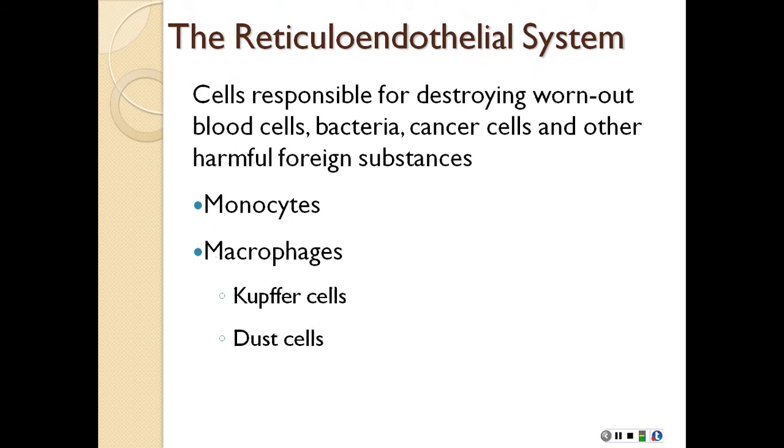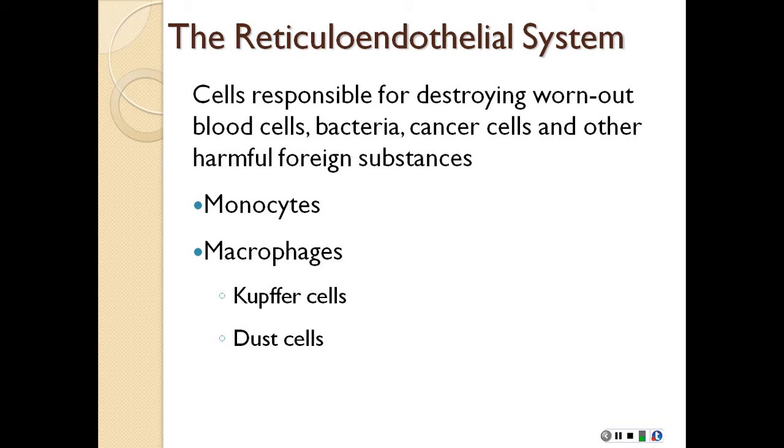And you'll hear about monocytes. Monocytes, again, are another type of white blood cell, and they actually give rise to macrophages. So macrophages circulate and they end up in body tissues to get rid of any debris.